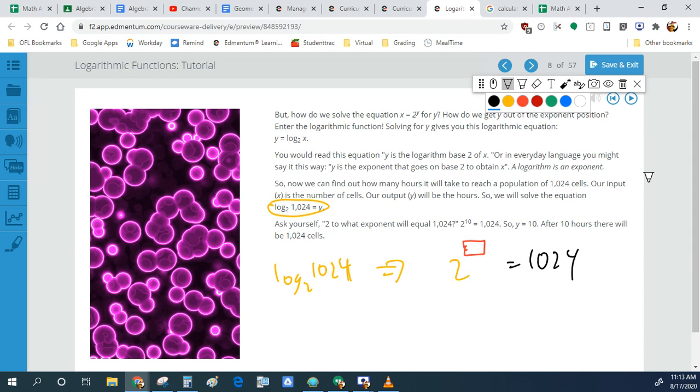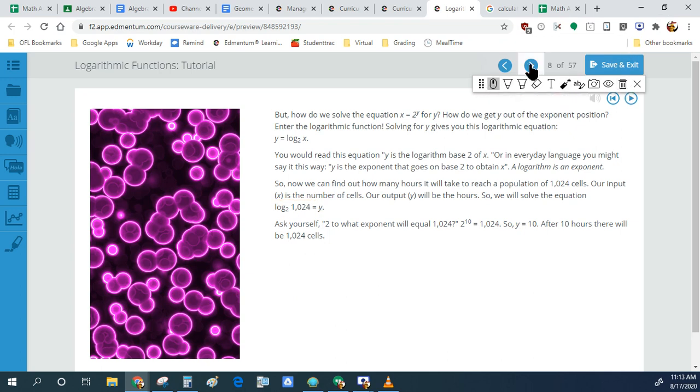That's the easiest way to remember it. If you understand this idea of y equals b to the x being the same thing as saying x equals log base b of y, this is going to make it so much easier for you to understand how to do the rest of it. So this is the whole basis of what logs are.